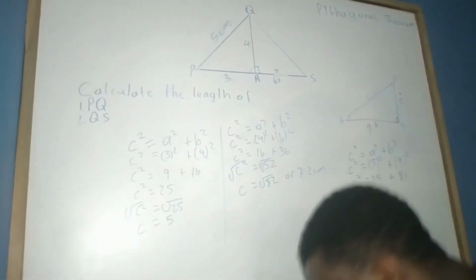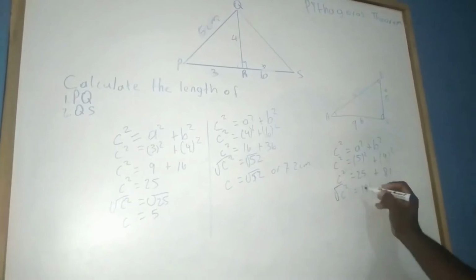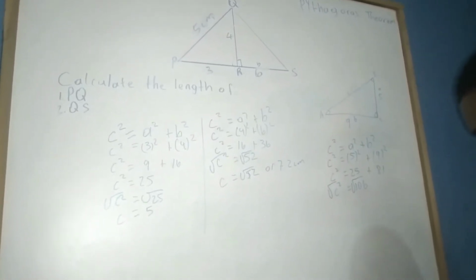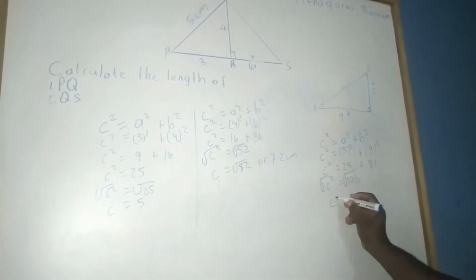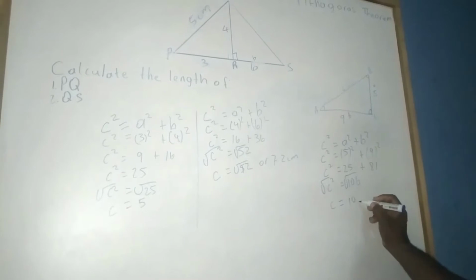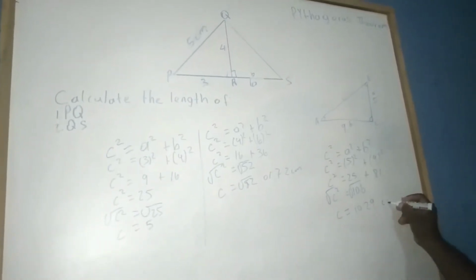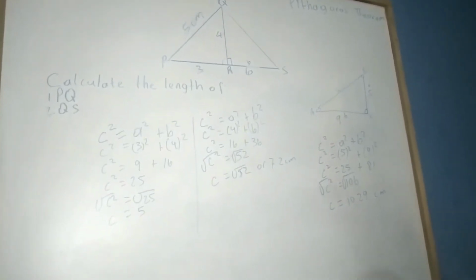Let us check on the calculator. We take the square root of both sides, and we have C is equal to 10.29 centimeters.